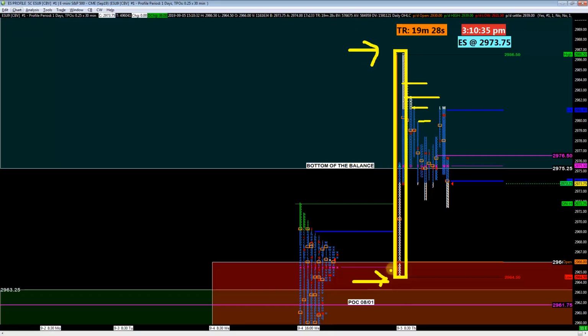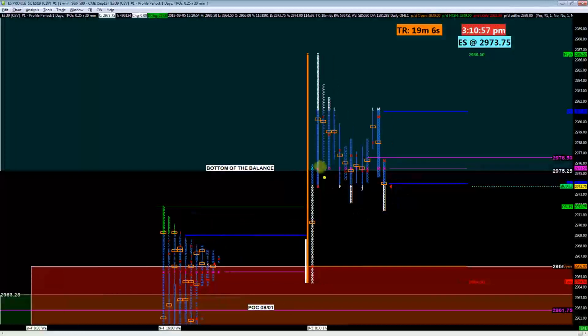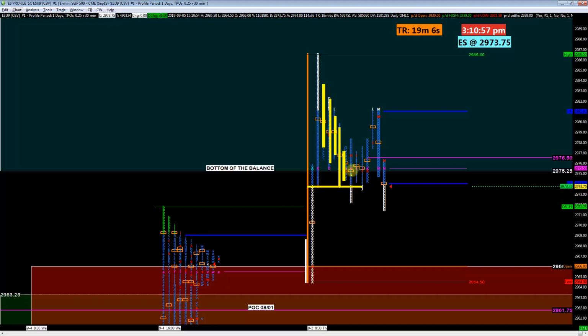So I noted that the B period, you have C inside, D, E, F, G. Every single period, for 2.5 hours, was inside this B. When we came into that 74s area, point of control was actually moving back and forth between 75 and 79 today. I think the highest point of control was around 79 on the developing point of control.